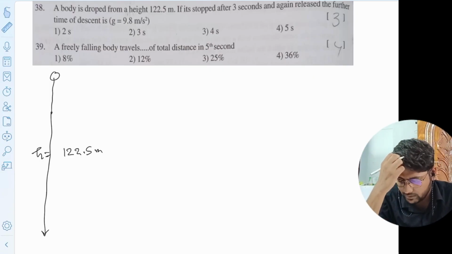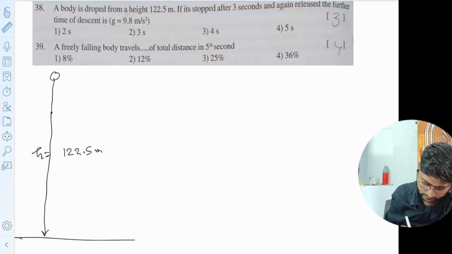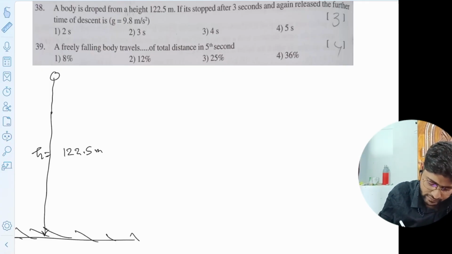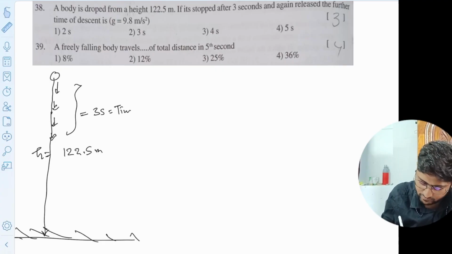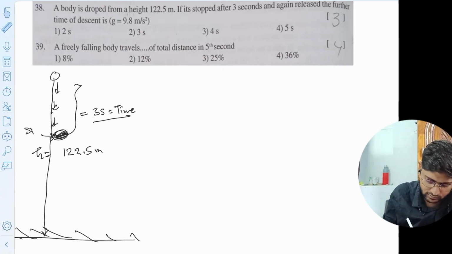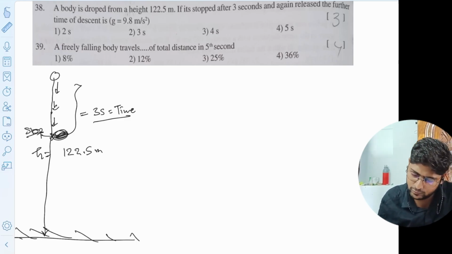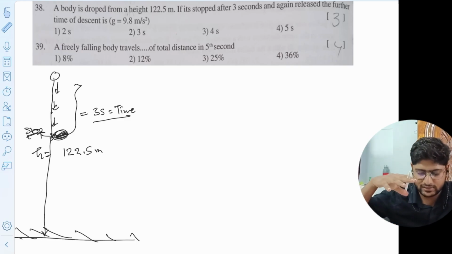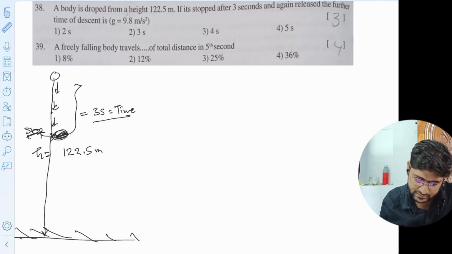If it is stopped after 3 seconds, so this is our ground, and when it is going downward, suppose the time was 3 seconds. Then here someone stopped it, and again releases. After stopping, further release, then further time of descent.